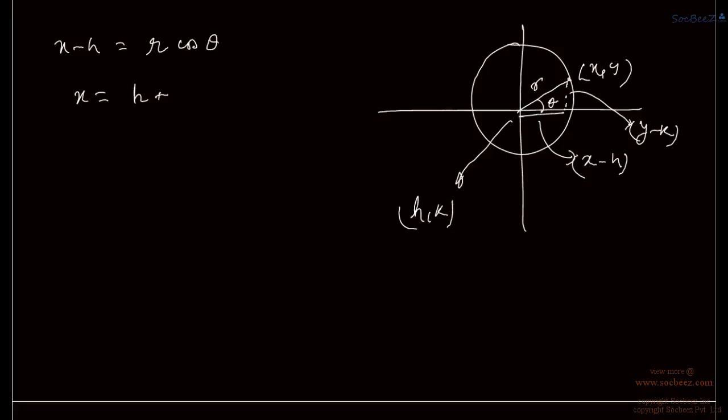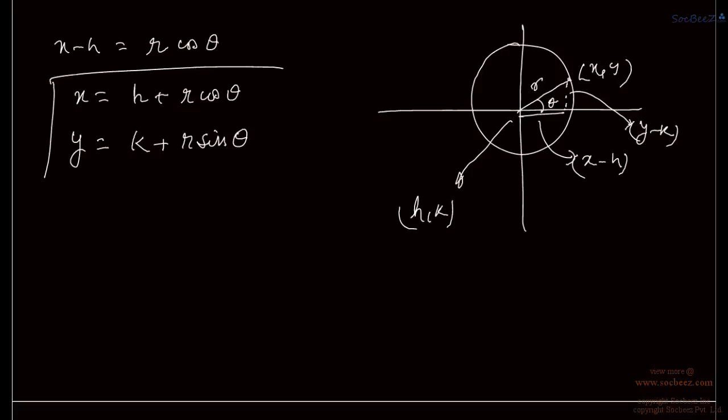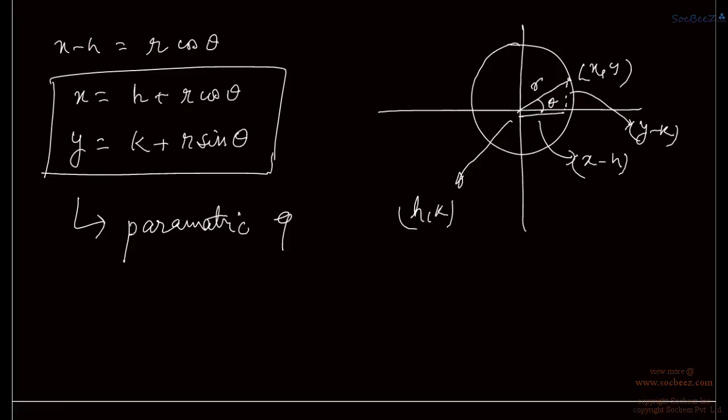So X can be written as H plus R cos theta, and Y in a similar way as K plus R sin theta. So we have expressed X and Y in terms of parameter theta. So this is the parametric equation of a circle. So now we have seen different forms of the equation of a circle.